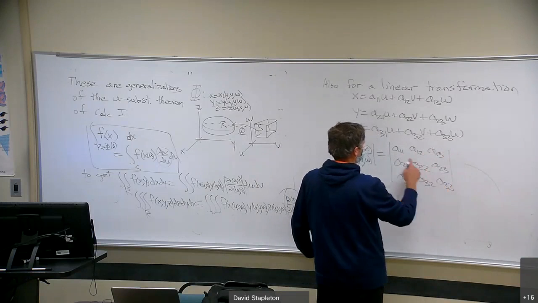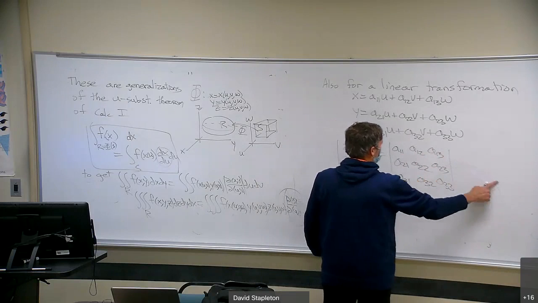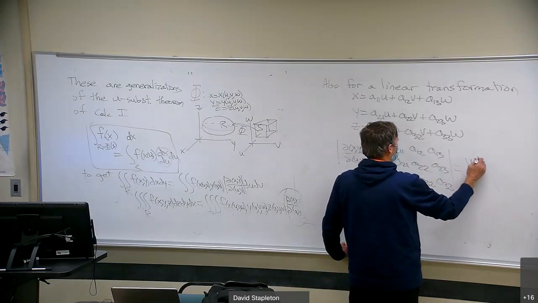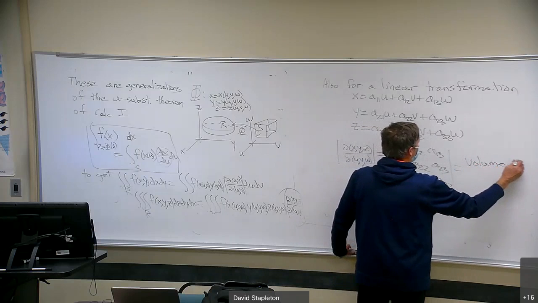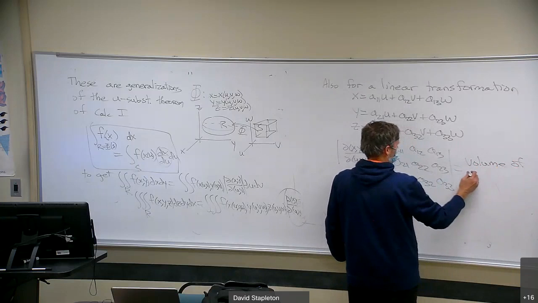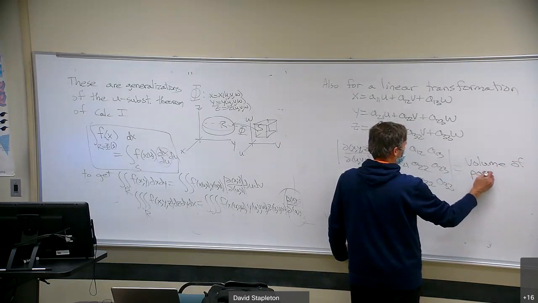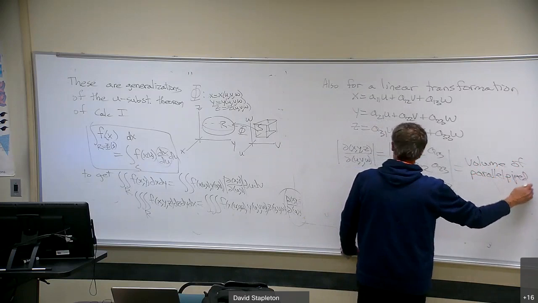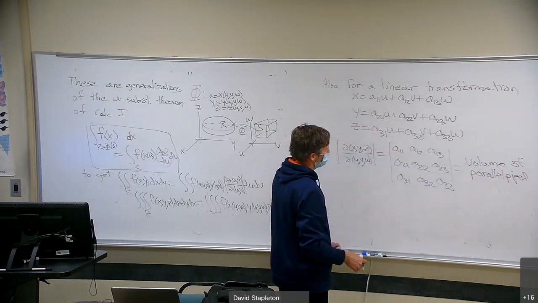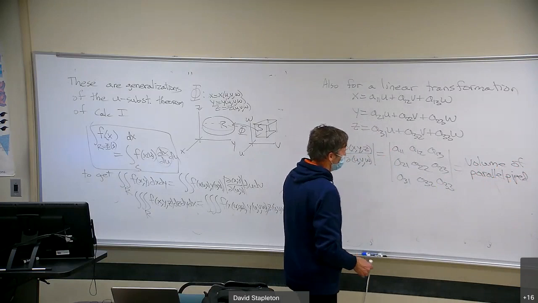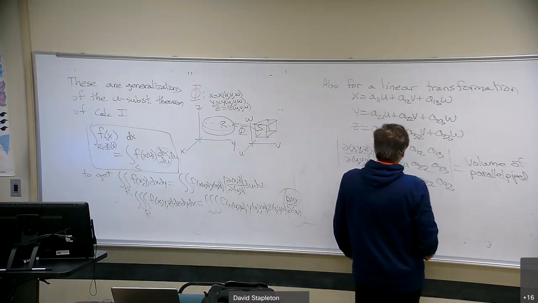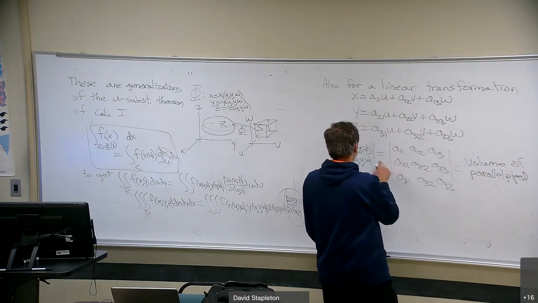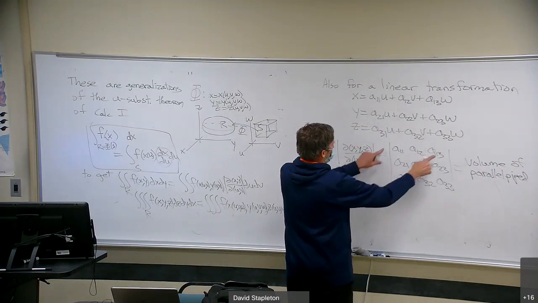Because there are no variables in it. These are all just numbers. It is the volume of the parallelepiped, because for linear transformations, it transforms parallelepipeds into parallelepipeds. This one here means absolute value, and this one here means determinant.